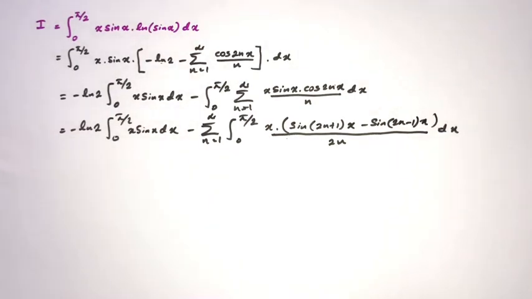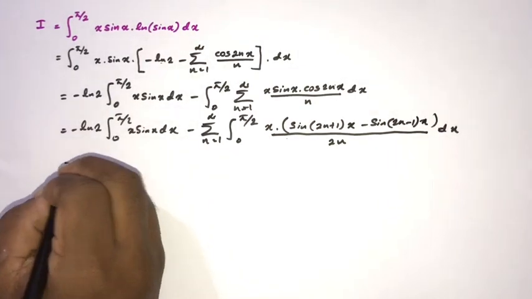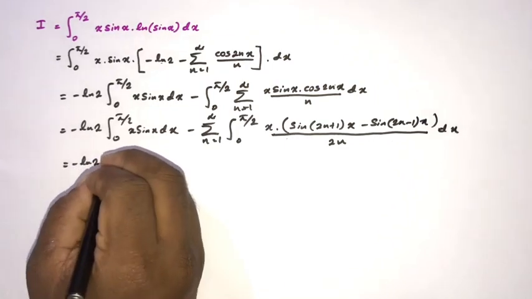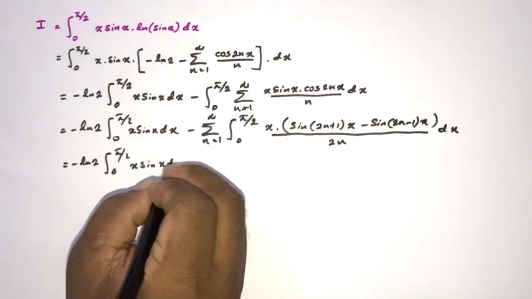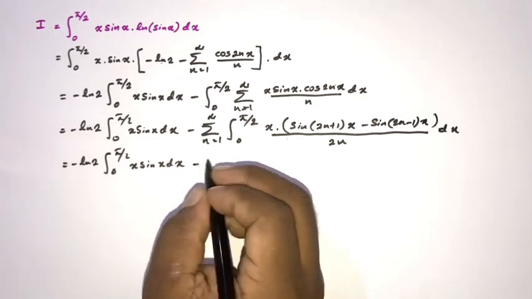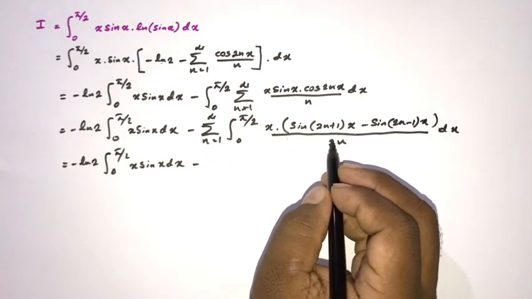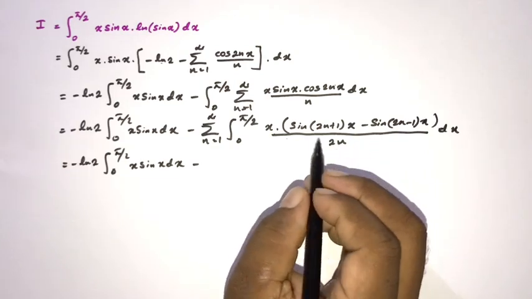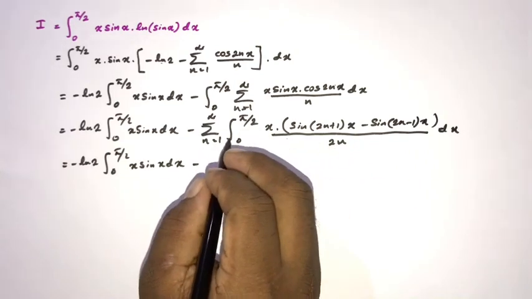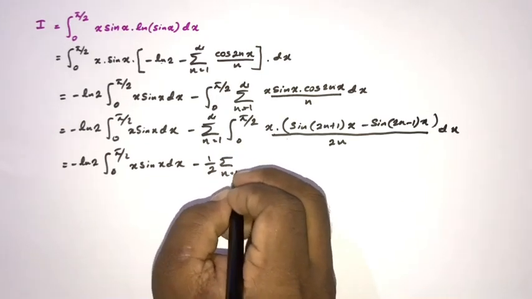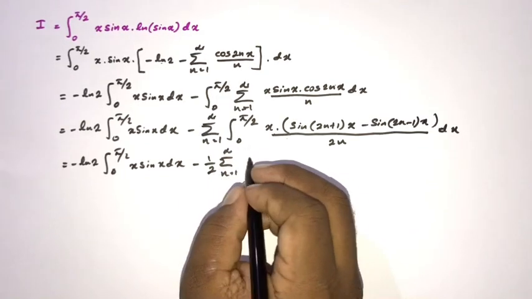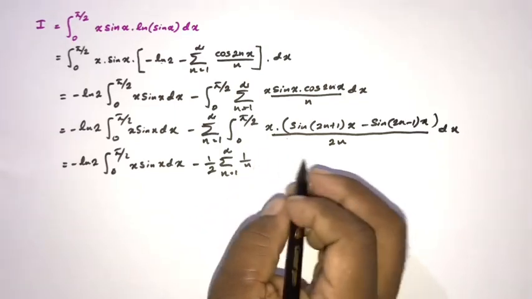Okay, then we can write minus natural log of 2 times the integral from 0 to pi over 2 of x times sine of x dx. Then minus, now 1 over 2 can be written outside of the sigma notation, the sum from 1 to infinity of 1 over n outside of the integral sign.